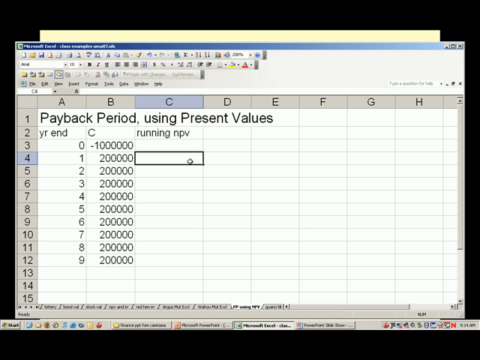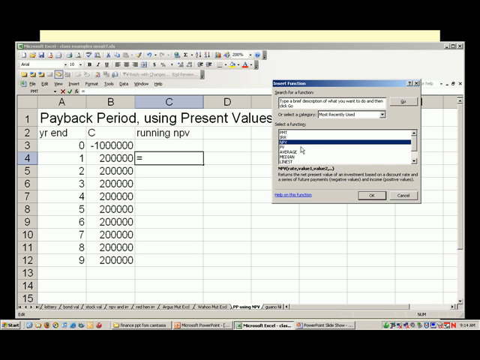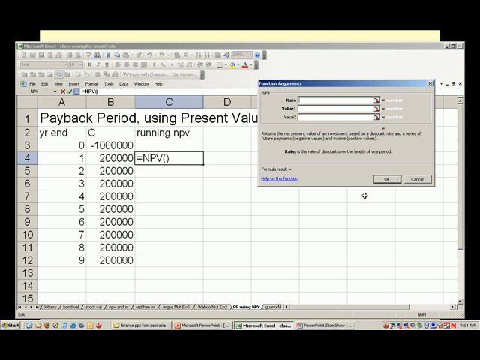The first thing we want to do is to invoke the NPV function. Okay, and we have a discount rate of 8%. I'm going to violate my rule and actually just enter the 8% as a hard number. Our values, in this case, we want to know the net present value at the end of the first year, so the only value we highlight is the $200,000 for year 1.